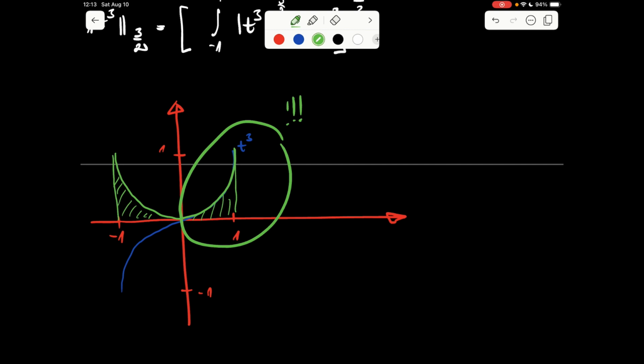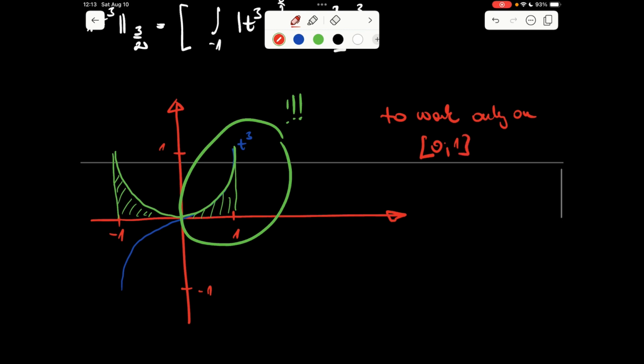So we only need to work on this interval. Here we don't need to pay attention to the absolute value because the function is positive, non-negative actually.